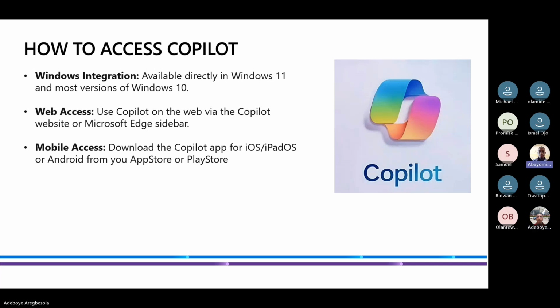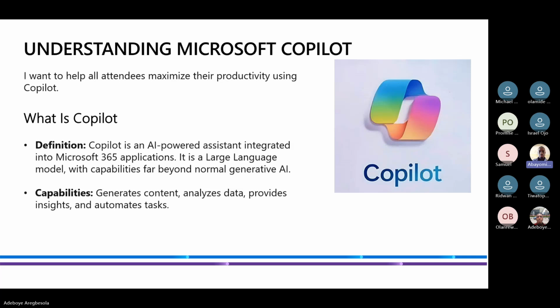So don't bother. Now I'll be talking about how to access Copilot. I'll be walking us through how to access Microsoft Copilot. First, Windows integration: it is available directly in Windows 11, if we are using an HP or any laptop powered by Microsoft software.